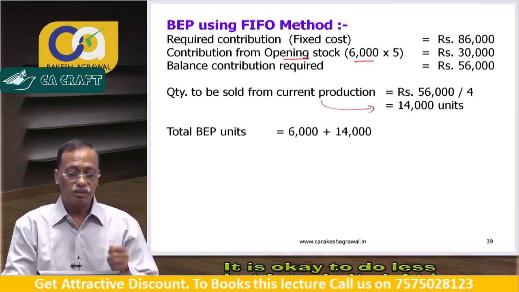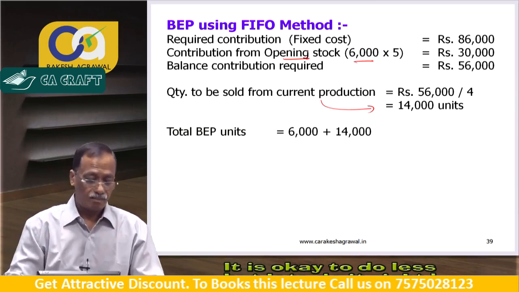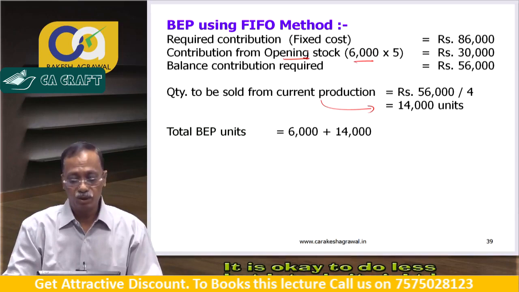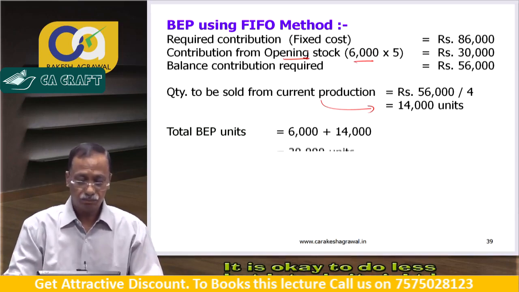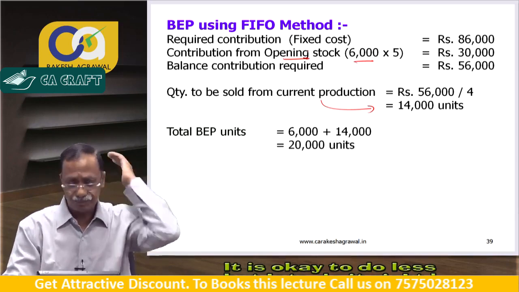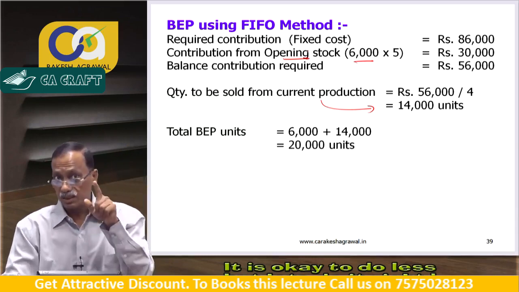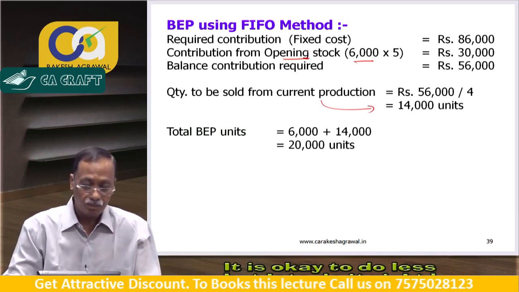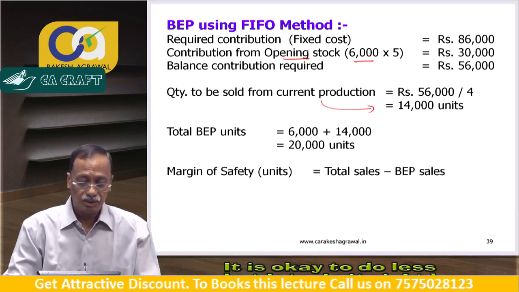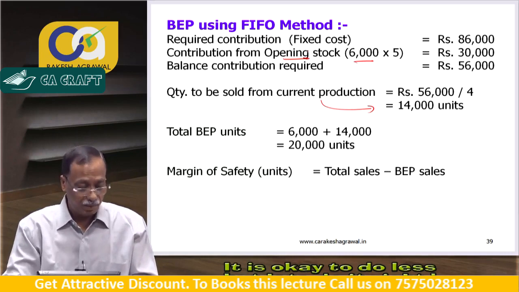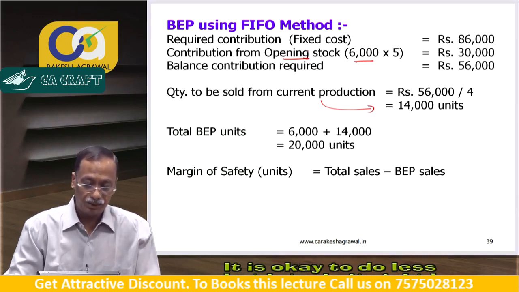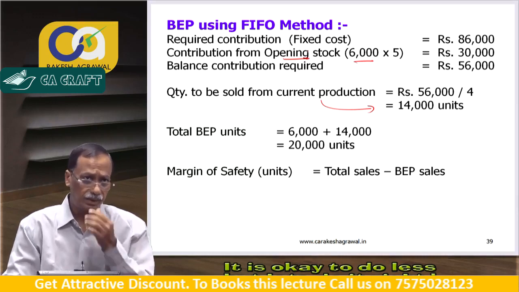Total BEP units is equal to 6,000 plus 14,000 is equal to 20,000 units. And question was asked in units, BEP in units, MOS in units. So we are calculating the answer in units. And margin of safety units is equal to total sales minus BEP sales.